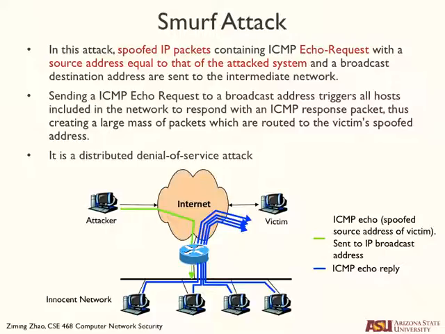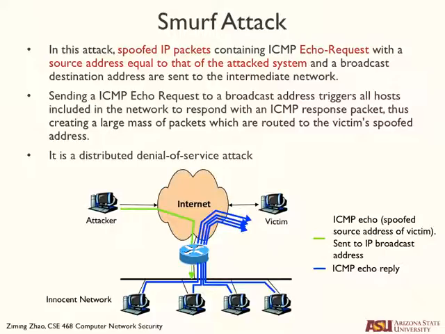We can also disallow the ping echo reply messages originating from our network to the outside, because we don't want that. And another way to defend is, even if we allow ping, so anyone from the outside world can ping us, we can disable the echo reply for the broadcast address.